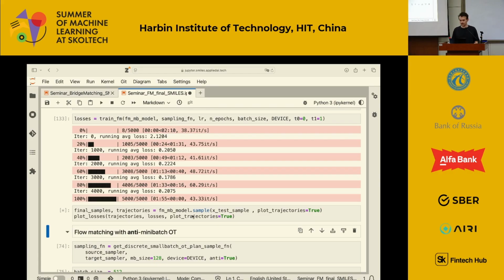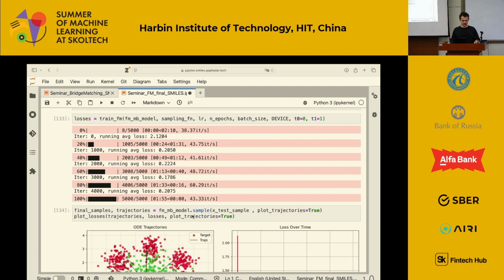So is this mini batch flow matching related to Kantorovich optimal transport, where we transport a distribution to a distribution? There are two formulations of optimal transport, one of which considers only continuous measures. I don't remember which one, Monge or Kantorovich, and the other can also consider a mixture of deltas.